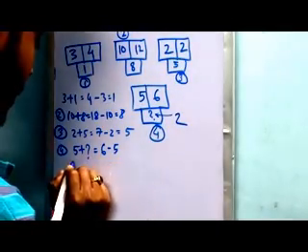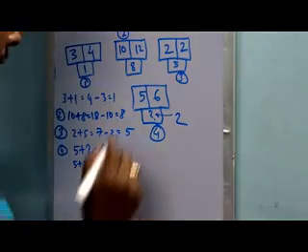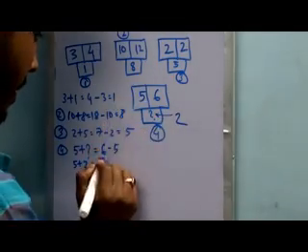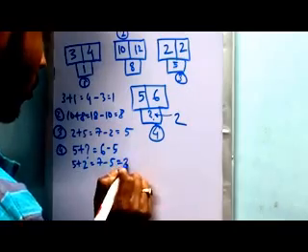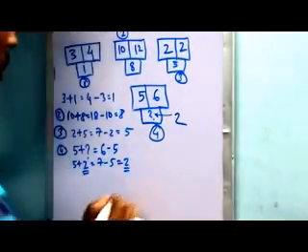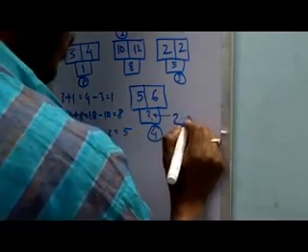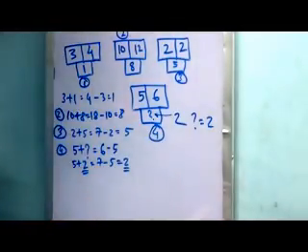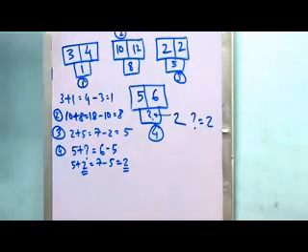We get 5 plus 2 equal to 7, and subtract the top left number, that is 5, we get 2. So here the question mark will be replaced with 2 to complete the whole logic and the series.